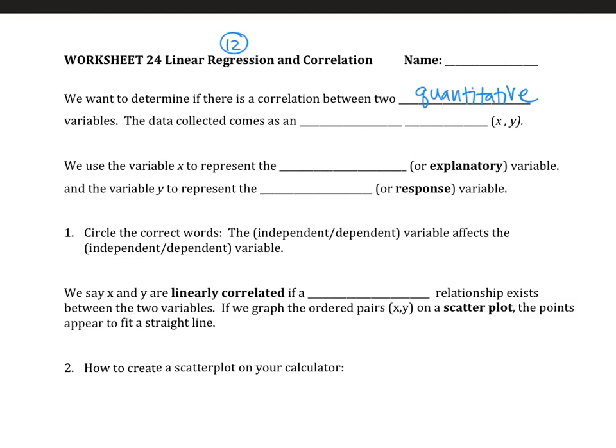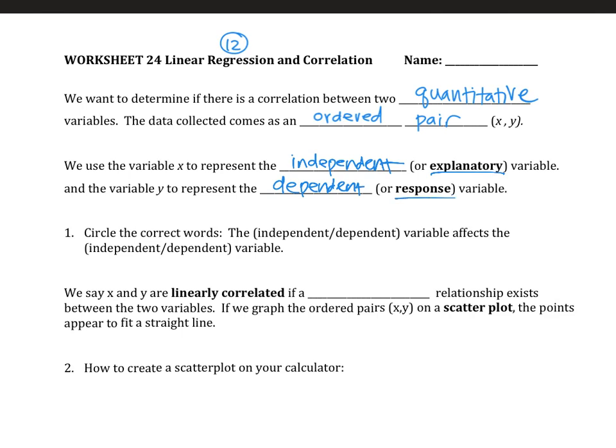So the data collected comes as an ordered pair. So we're going to see two corresponding numbers together, where one is matching the other number. We use the variable x to represent the independent variable, but I think it makes more sense to refer to it as the explanatory variable, and the y variable is dependent, or I think it makes more sense to call it the response variable.